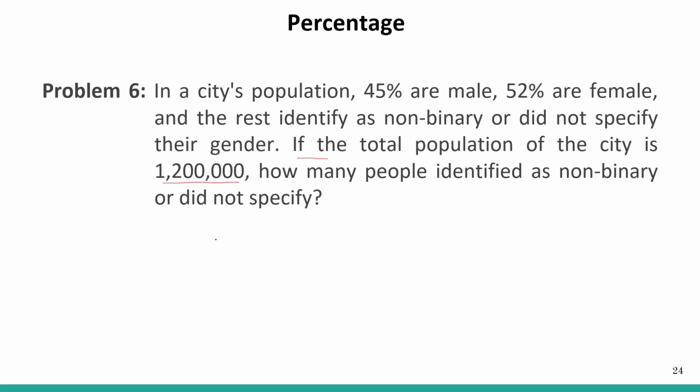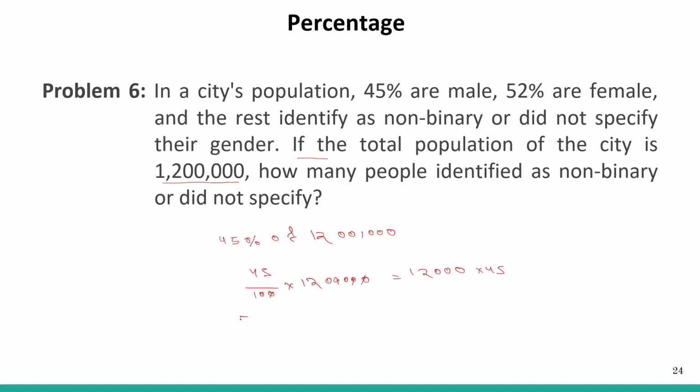So let's calculate 45% of 12 lakh. So 45 by 100 into 12 lakh. So it will be equal to 12,000 into 45.